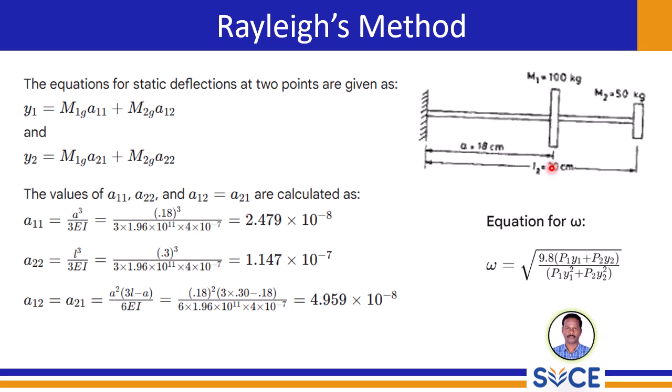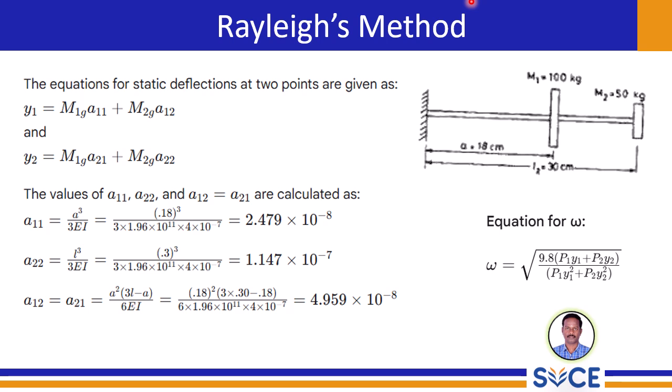The value of E, Young's modulus, is given, and I is also given. I equals 4 into 10 power minus 7 m power 4. E is 1.96 into 10 to the power of 11. This is the E value, this is the I value, which is common for all A11, otherwise called flexibility coefficients.